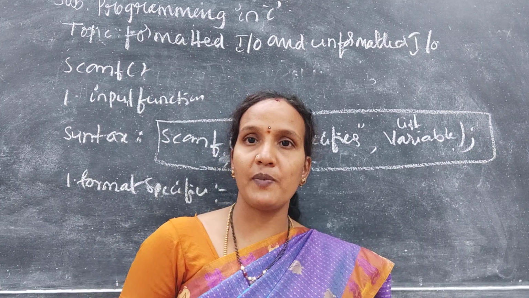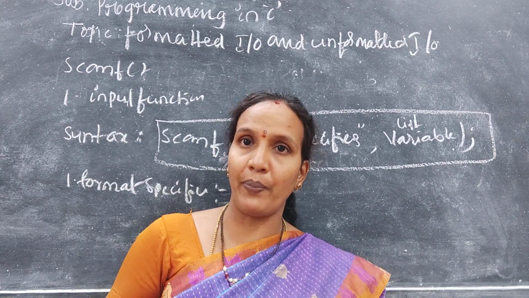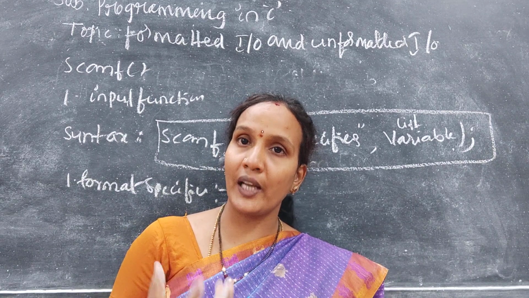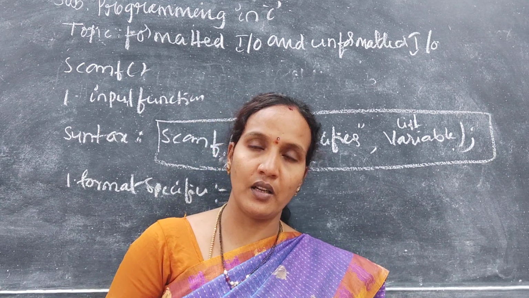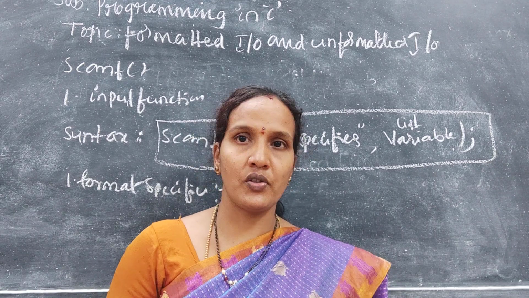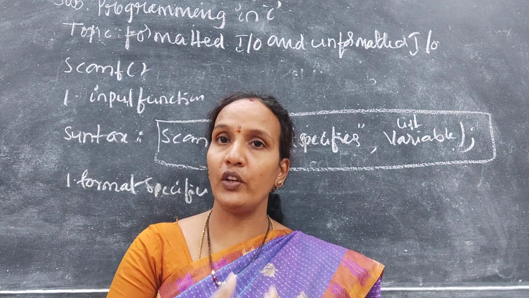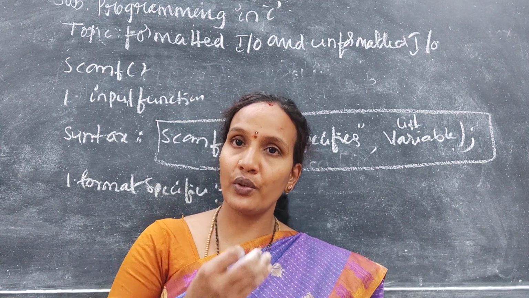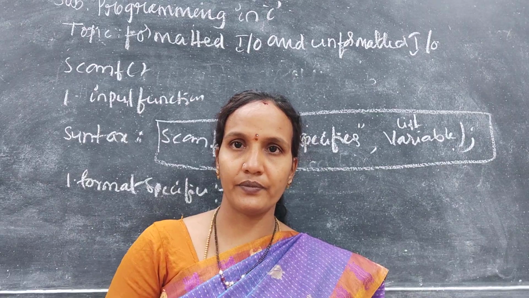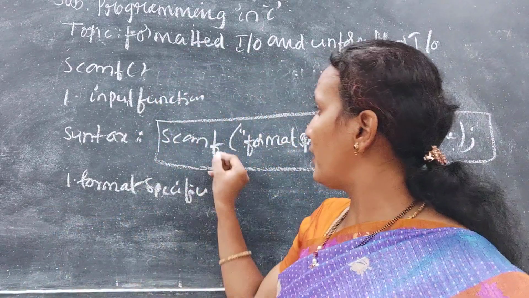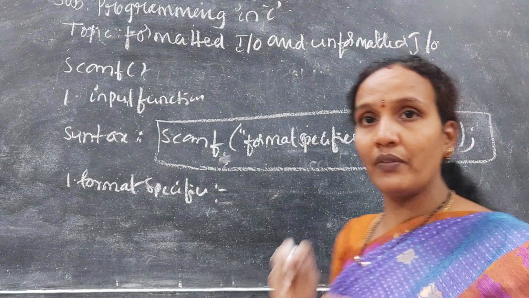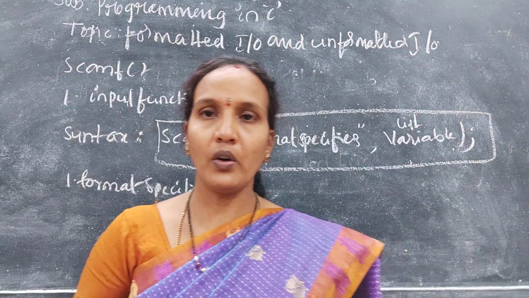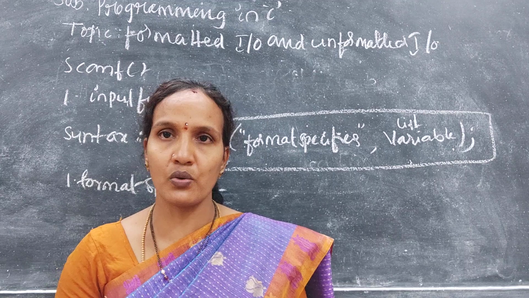So what is a format specifier? It will inform the compiler what type of data the user is giving, whether the user is giving an integer, float, char or string. If you are taking a value from a user, you should have a format specifier. And if you have a format specifier, you should give a name of the variable, because variables are used to store the value.